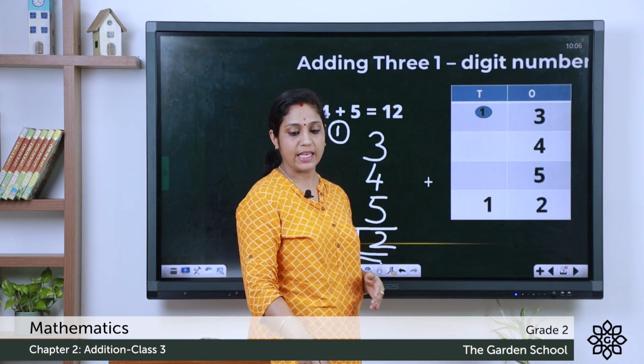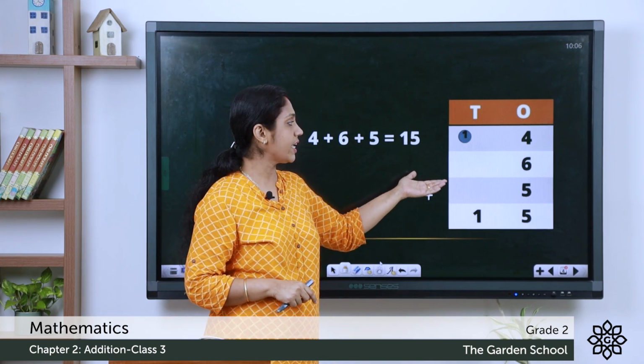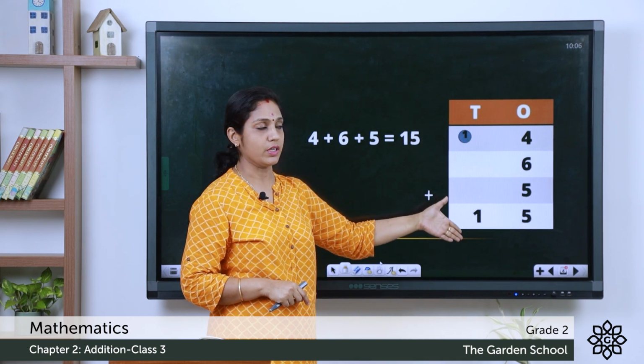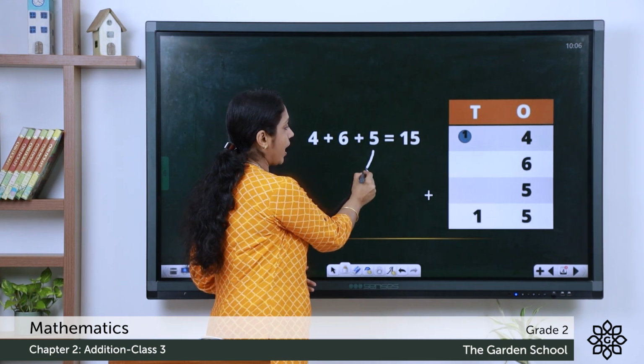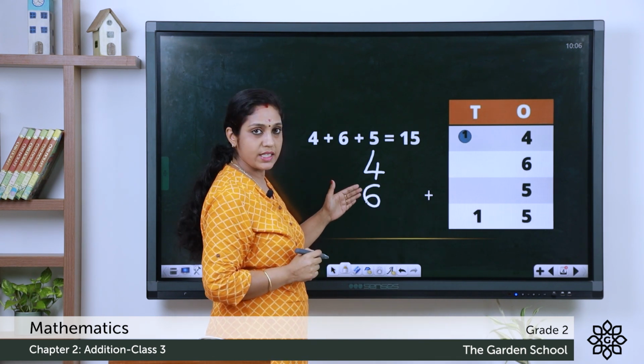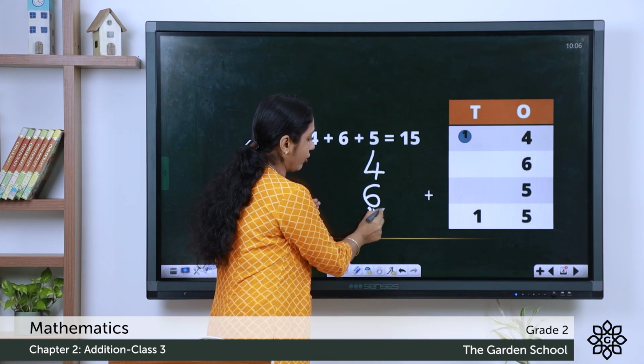Let's take another example. Here we have 4, 6 and 5. We have to add these 3 one-digit numbers. So first we have to add the first 2 digits. 4 plus 6 is 10, and with that 10 we are going to add that 5.